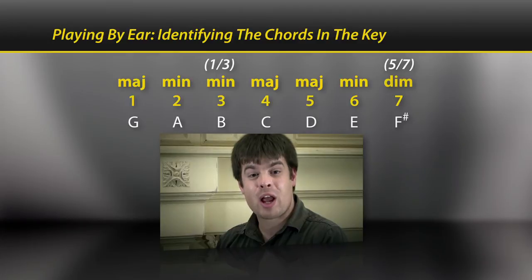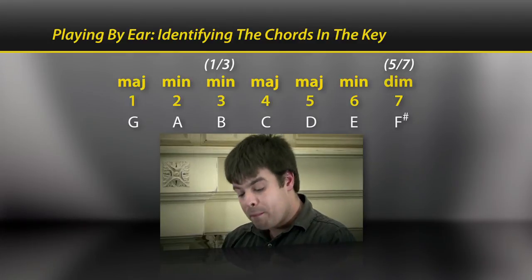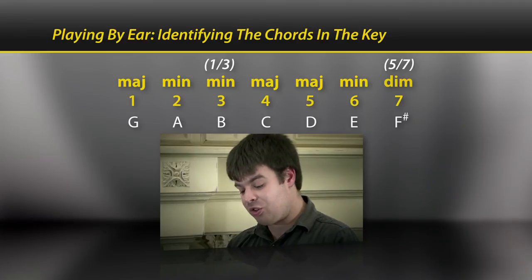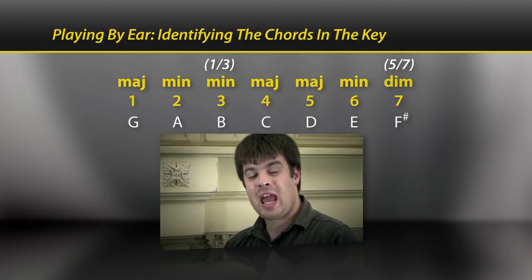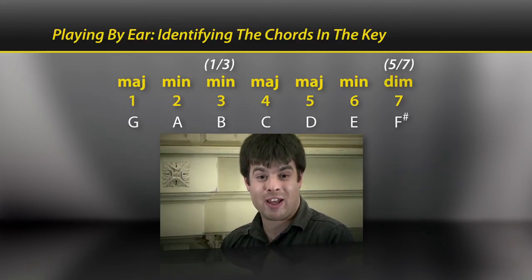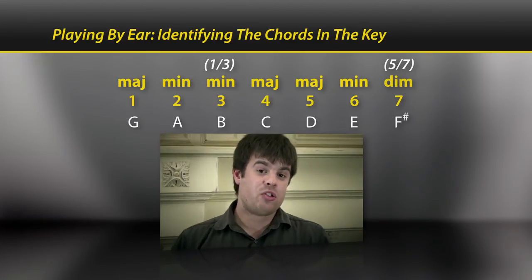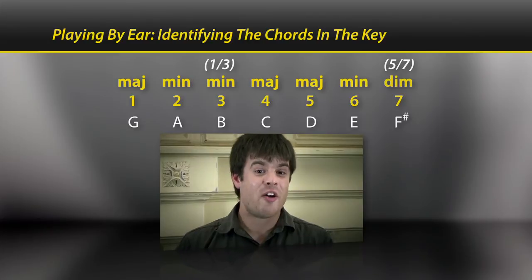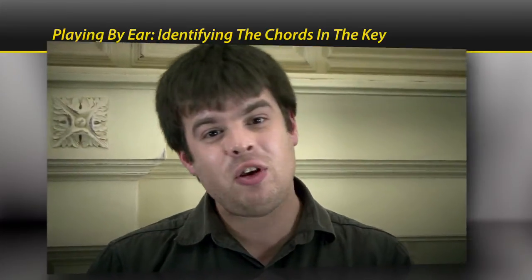It's just a B minor chord. But more often than not, when we hear that B note in the bass, we'll actually hear chord 1 over the top of it. Those are two very frequent substitutions, the 5 over 7 and the 1 over 3. And if you get the hang of hearing those, that will help you along the way.